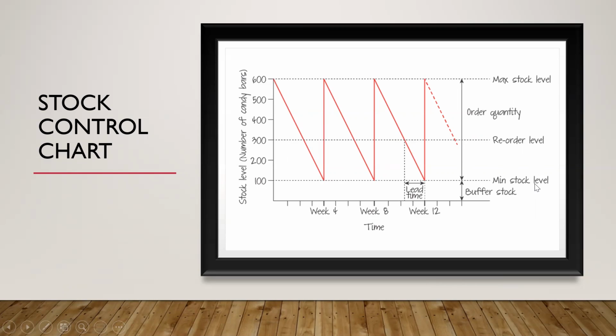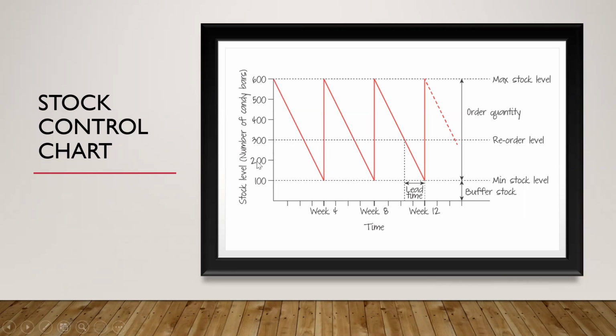You're not going to go below 100 because you just don't want to run out. Maybe people ask you for more stock. You've also named 300 as your reorder level. So the minute your stock hits 300, you reorder more stock. What is your order quantity?